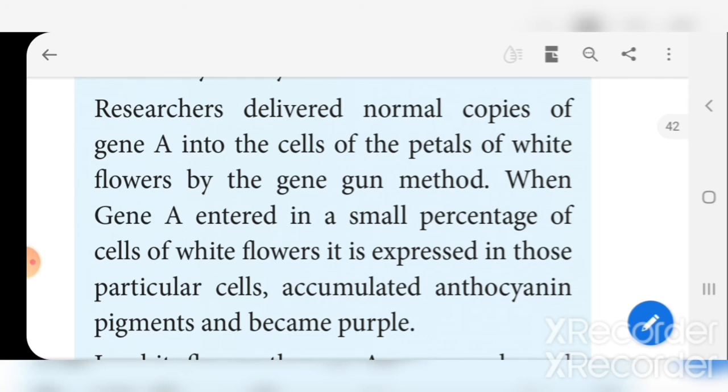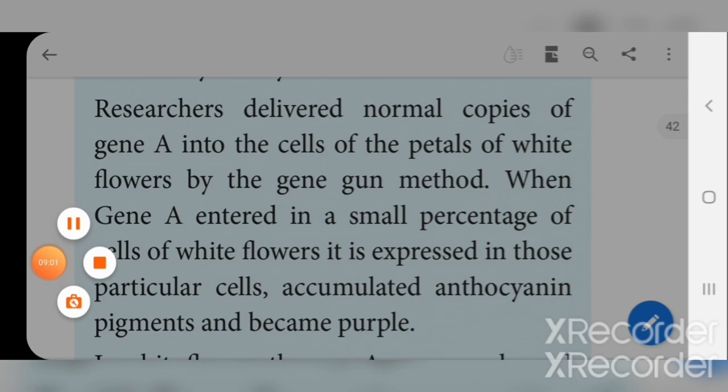There are many methods available for gene transfer, such as electroporation and the gene gun method. Here they used the gene gun method. When gene A entered a small percentage of cells of the white flower, it was expressed in those particular cells, accumulated anthocyanin pigments and became purple.